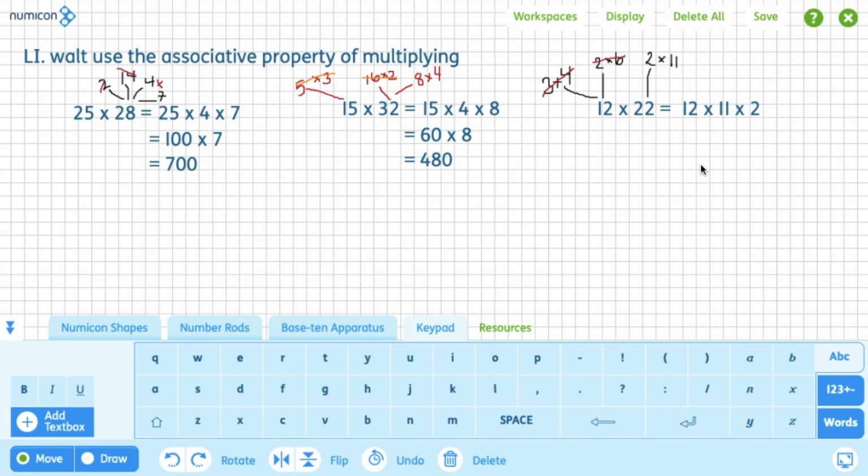And we'll do 12 times 11 equals 132 times 2, which just means that our answer is going to be 264. All right.